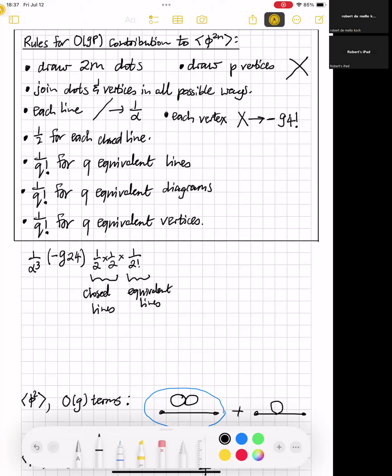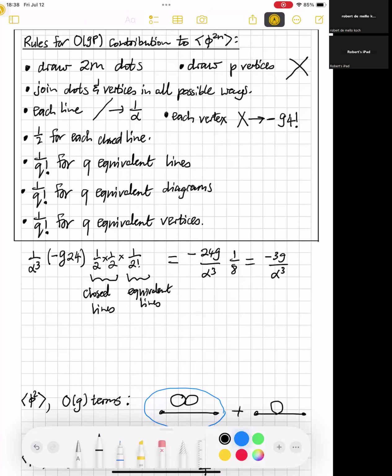Okay. Then how many equivalent diagrams do we have? Well, we don't need to worry about that because we've only got one diagram. How many equivalent vertices do we have? Well, we don't need to worry about that because we've only got one vertex. So what do we end up getting? Well, we've got minus 24g over alpha cubed. And then we've got 1 over 2, 1 over 2, 1 over 2. So that's 1 over 8. 8 goes into 24 3 times, so we get minus 3g over alpha cubed.